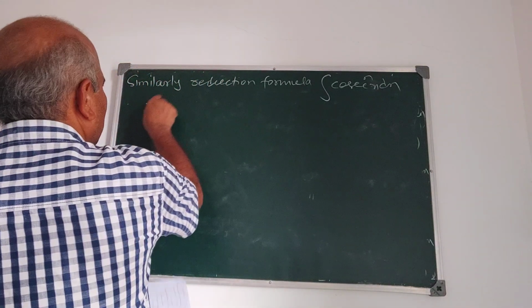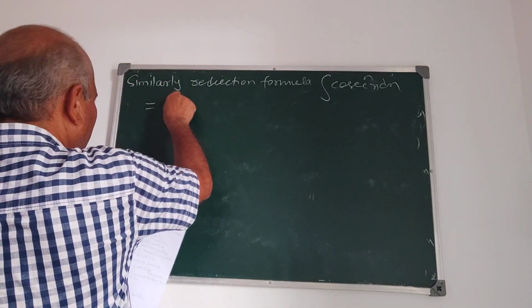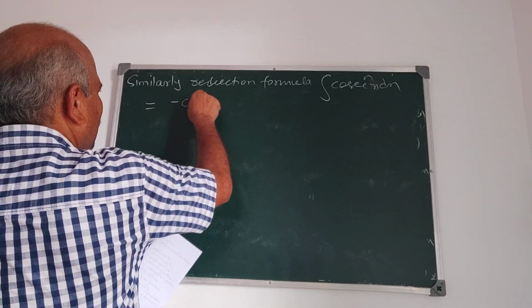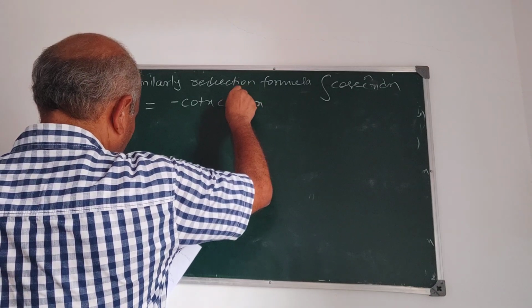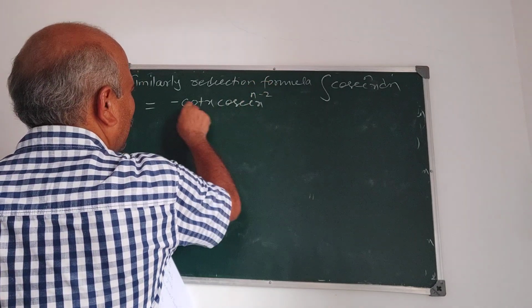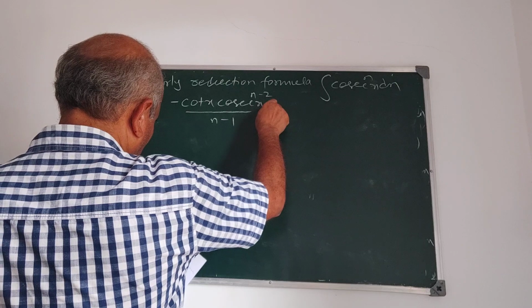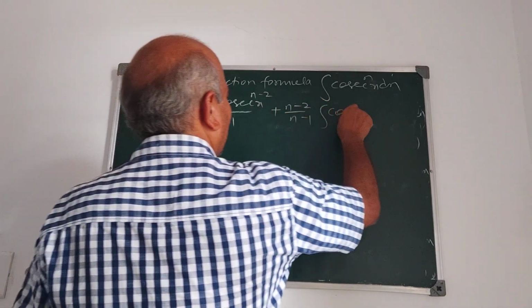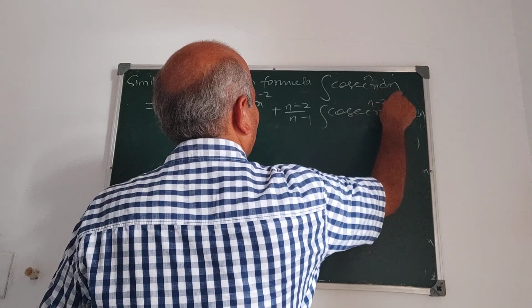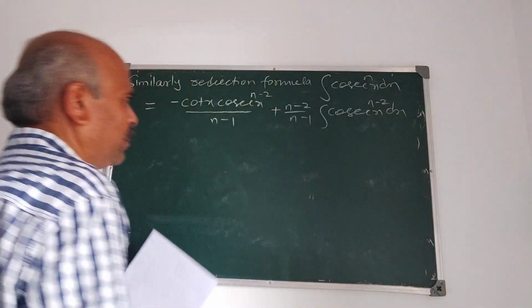Reduction formula is similar to that of sec x, but we get minus cot x cosec x raised to n minus 2 upon n minus 1 plus n minus 2 upon n minus 1 integral cosec x raised to n minus 2 with respect to x.